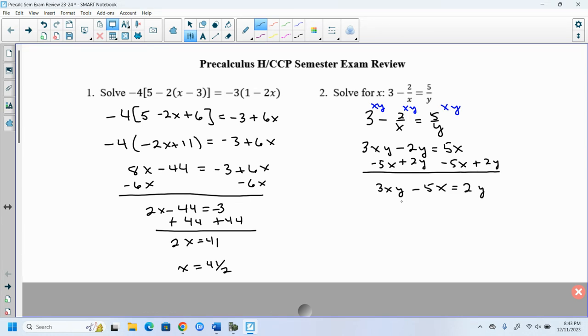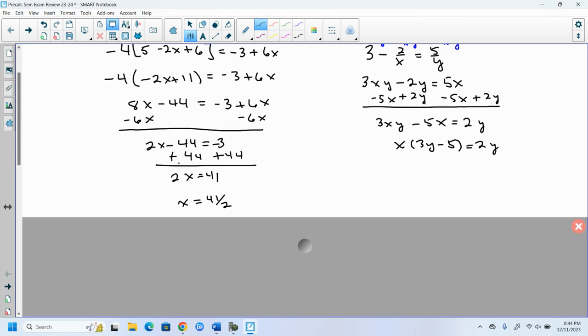And now once you get all the x's on the same side, that is when you factor out the x, and then we will divide by 3y minus 5. So I end up with x equals 2y over 3y minus 5 for that.